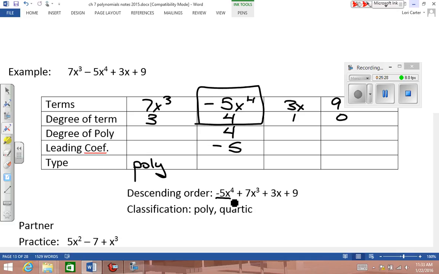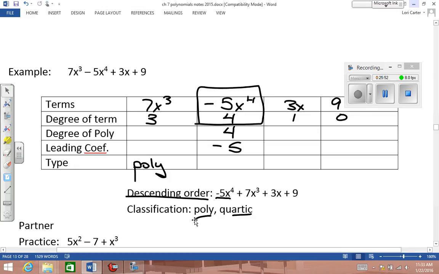Do you have to put it in descending order? Yes, it says descending order. So, negative 5x to the 4th, 7x cubed, 3x, and 9. Good so far? I already know it's a polynomial. Its degree is 4, so that makes it a quartic.